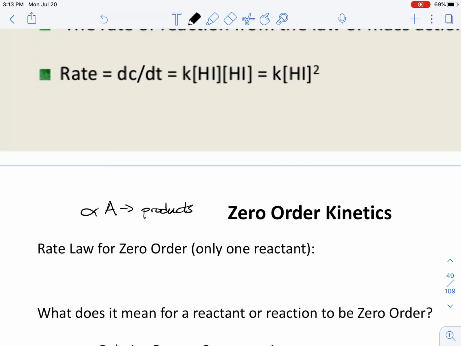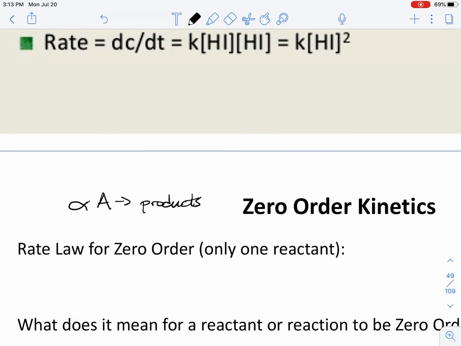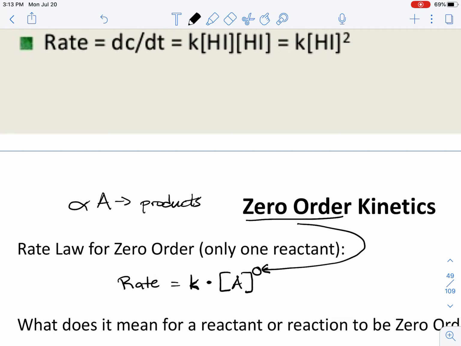The rate law for a zero order reaction is: the rate of reaction is equal to the rate constant k times the concentration of A raised to the 0 power. Zero order kinetics tells us that the order of reaction is 0.